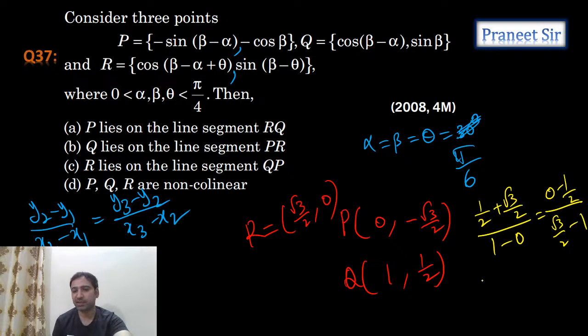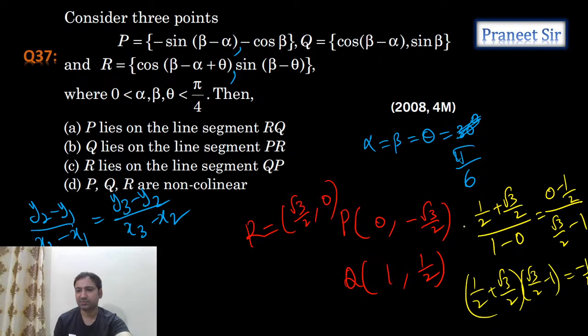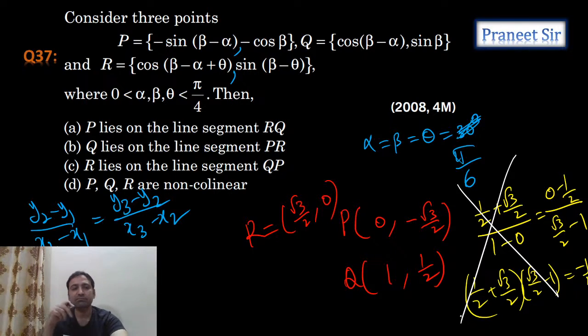Now if you cross multiply, is 1 by 2 plus root 3 by 2 into root 3 by 2 minus 1 equal to minus 1 by 2, guys? No, right? So the condition for collinearity is not satisfied. That means they are not collinear. So option D is correct.